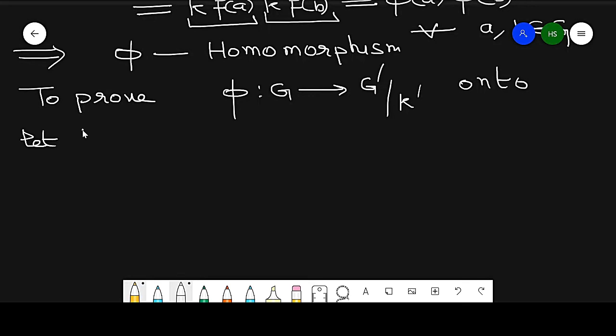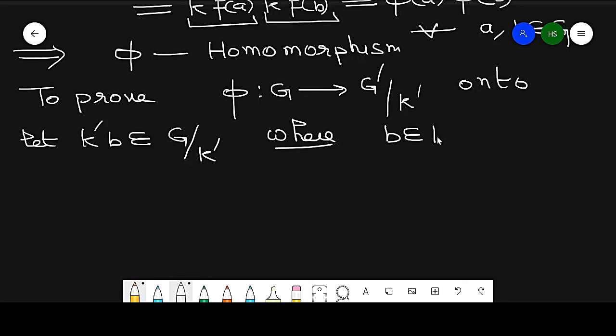So this is K dash B, which belongs to G by K, where B belongs to K dash, V belongs to G dash, these values. Now what is this mapping?